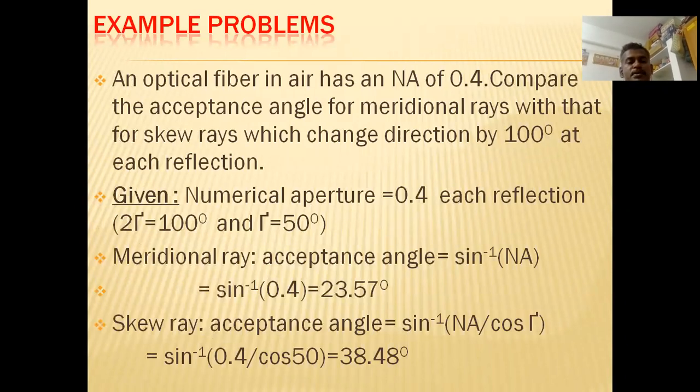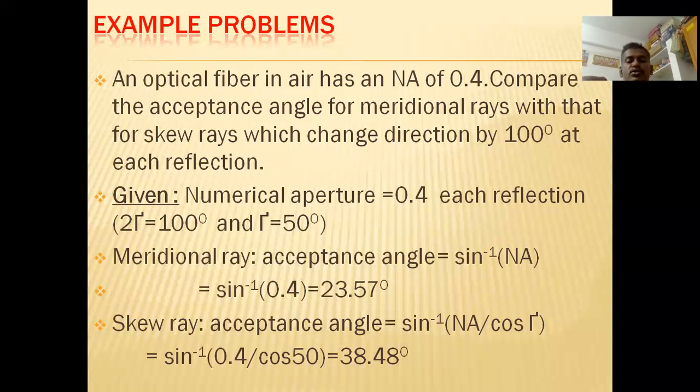Next, the fourth problem. An optical fiber in air has a numerical aperture of 0.4. Compare the acceptance angle for the meridional ray with the skew ray, which changes direction by 100 degree at each reflection.